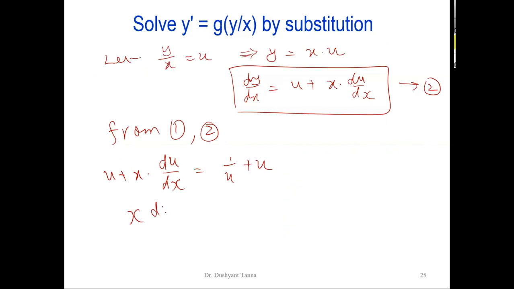So x du by dx is 1 on u, which will then be u du is equal to 1 on x dx. Okay, variable separable. Now we can integrate it.